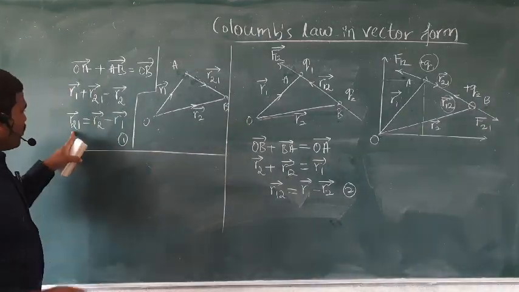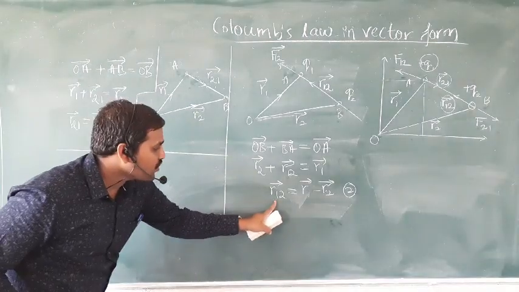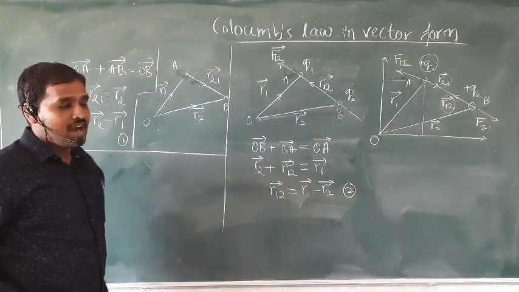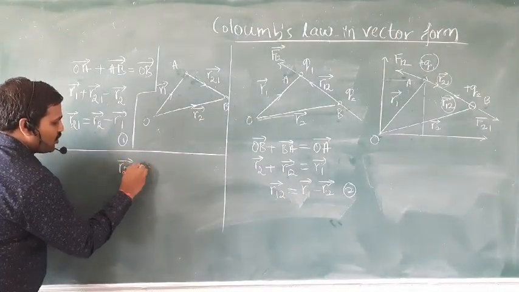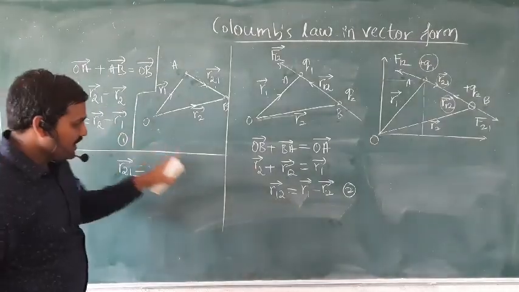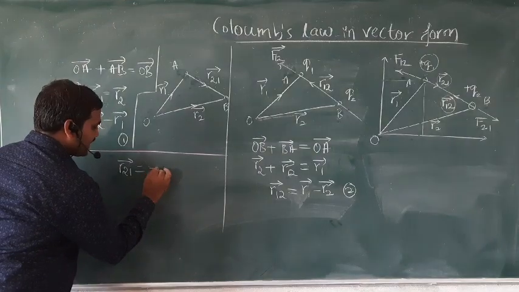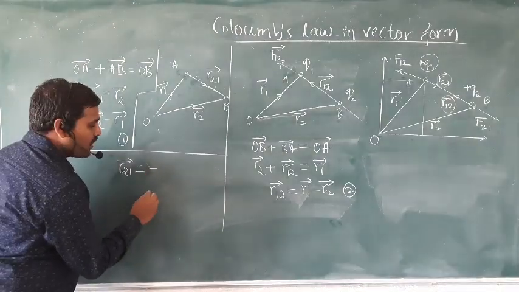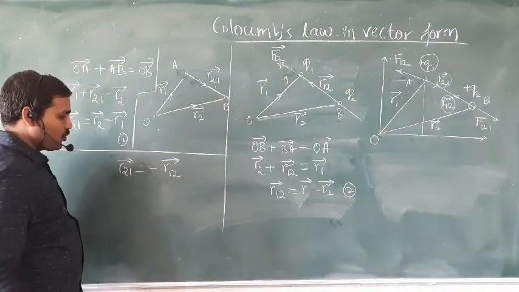R21 is equal to R2 minus R1, and R12 is equal to R1 minus R2. They are opposite to each other. By considering this, I can write vector R21 is equal to minus vector R12.